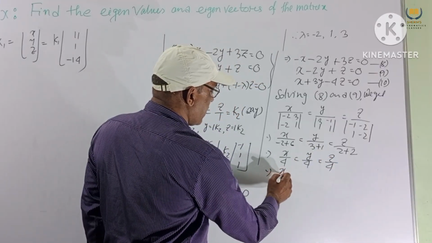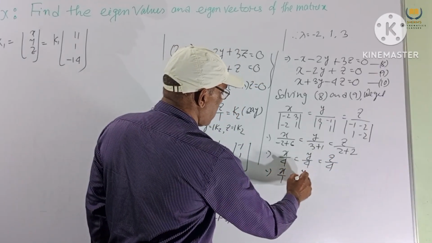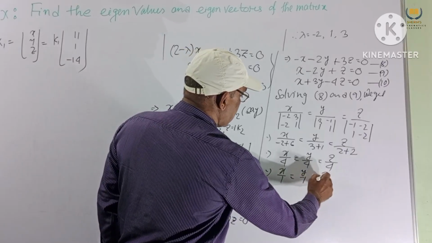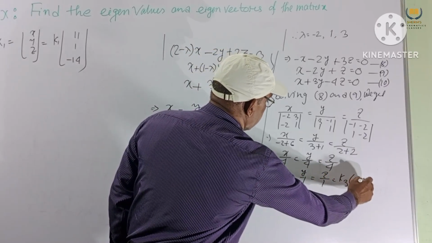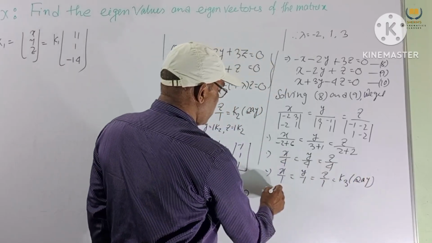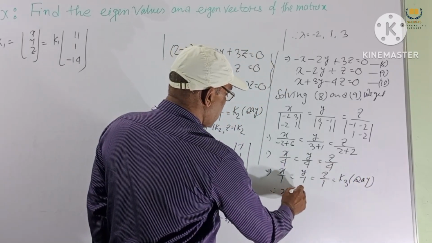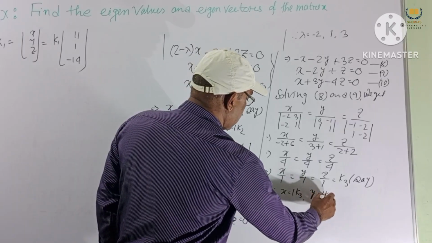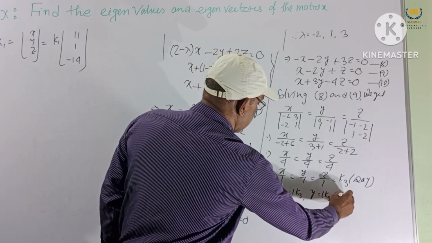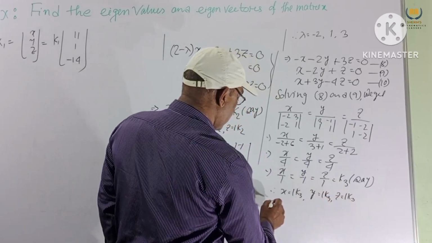Dividing by 4, x by 1, y by 1 and z by 1, this is k3, say. So therefore x equal to 1k3, y equal to 1k3 and z equal to 1k3.